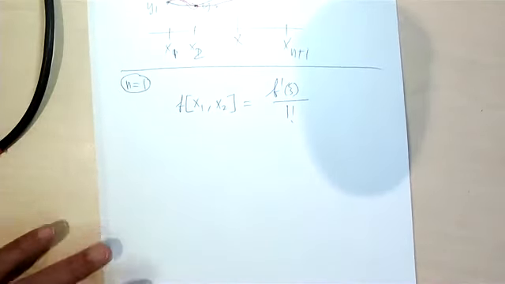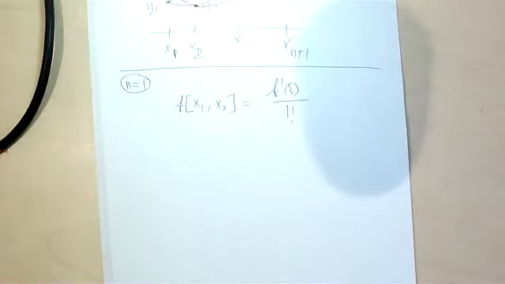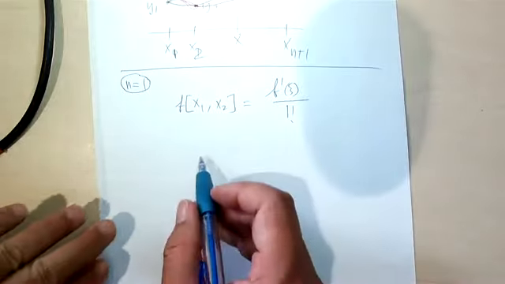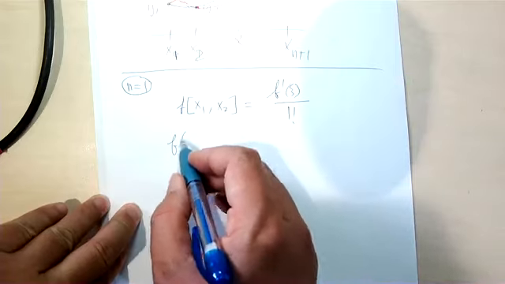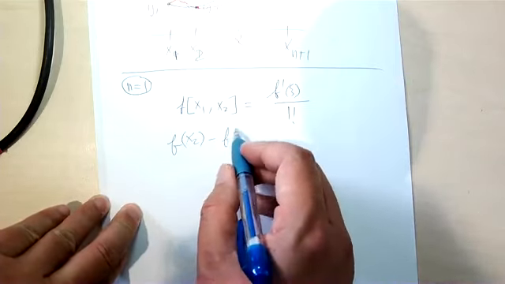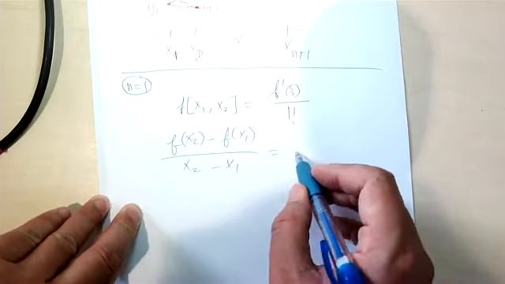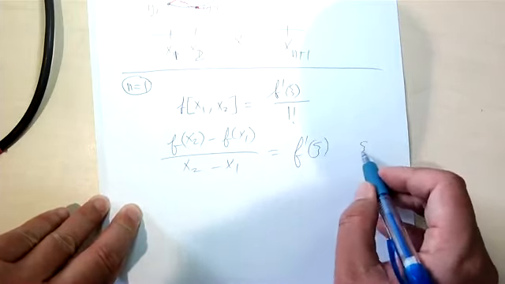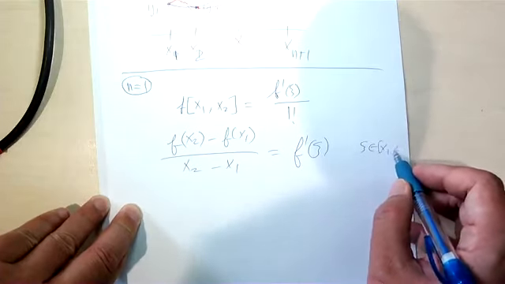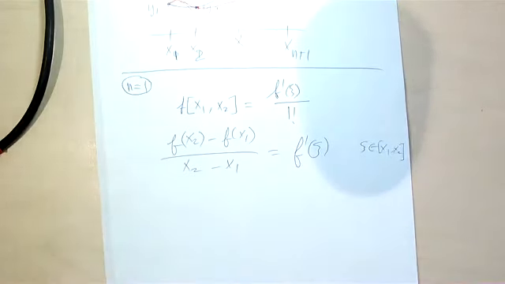And what is this theorem? If you remember, the divided difference over 2 points is just (f(x2) minus f(x1)) divided by (x2 minus x1), which equals f prime at xi, where xi is between x1 and x2. So what is this theorem? It's just the mean value theorem.